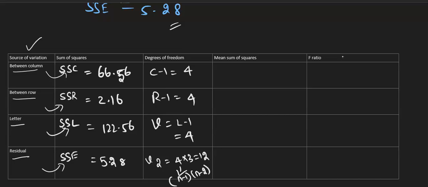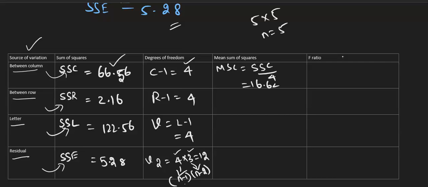Normally we used to multiply the above values, right? So total n, it's a 5 cross 5 matrix, correct? So n is equal to 5. So 5 minus 1 is 4 and 5 minus 2 is 3. So this is 12 degrees of freedom. Now mean sum of squares, what we will write? Always SS divided by this. So MSC is equal to SSC by 4, which is nothing but 16.64.